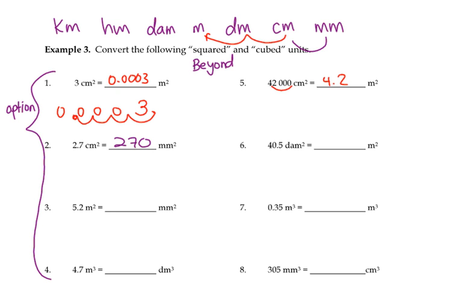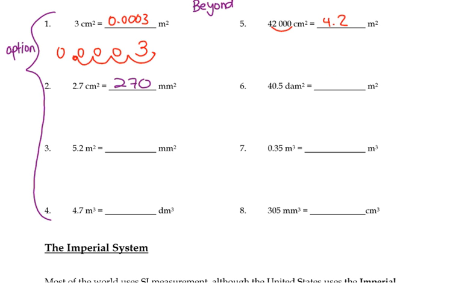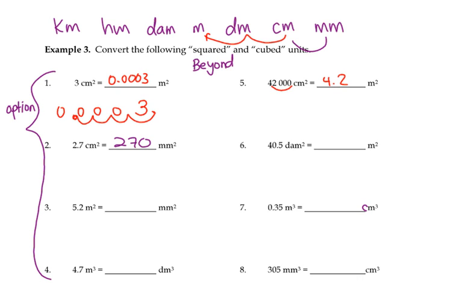Which gives you 270. Easy. Okay, what would we do if it's cubed? Well, a cube has 3 dimensions now, so do it 3 times. Triple it. For example, let's change this to centimeters cubed. If I'm going from meters cubed to centimeters cubed, usually a meter to a centimeter is 2 to the right.